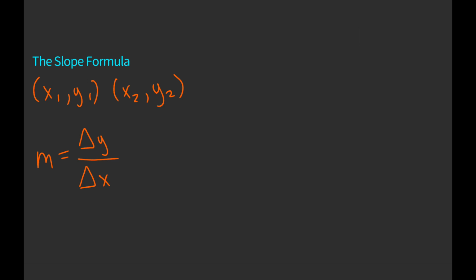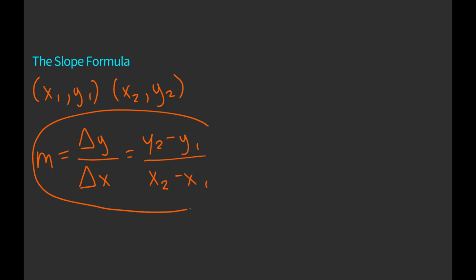Change in y you might have heard as rise, and change in x you might have heard as run, so rise over run. Another way this can be written is y2 minus y1 over x2 minus x1. So this will be your slope formula given 2 points.